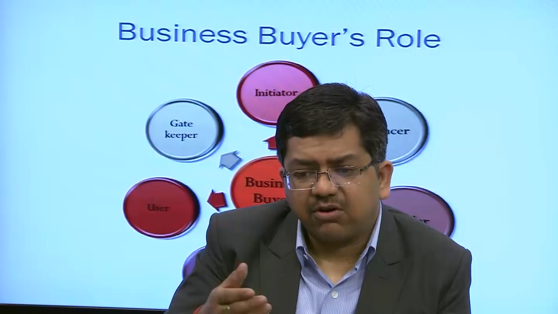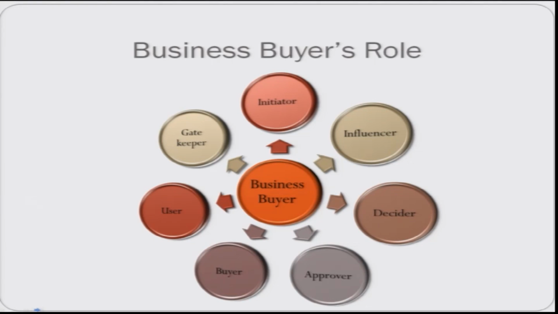Then you have the decider who gives the final decision on whether we should go ahead with this product or not, and then you have the approver, someone who has financial authority and gives the clearances for such purchases.